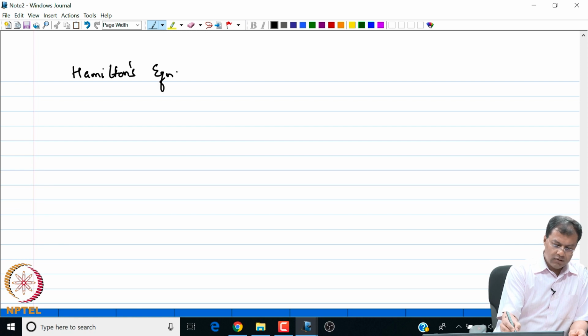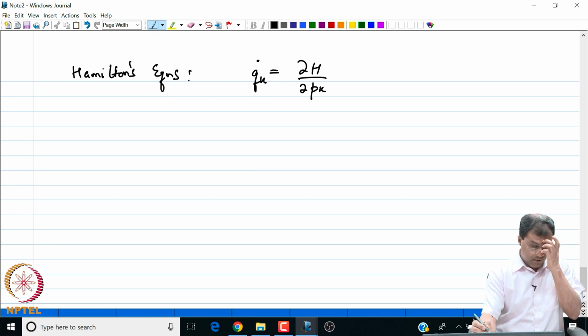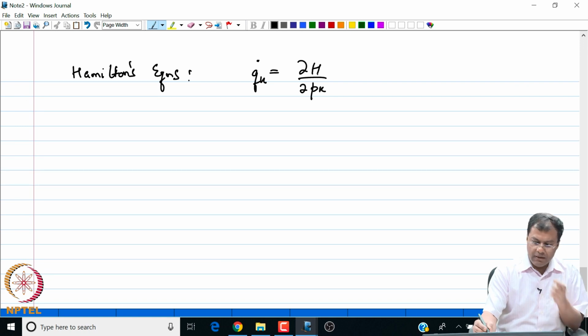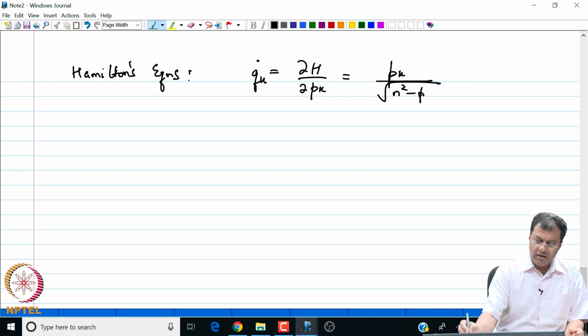The Hamilton's equations are as follows. I see that qk dot is partial h partial pk, the first relation, and we can directly plug in the expression for h. We get that this is equal to pk by square root of n square minus p1 square minus p2 square.